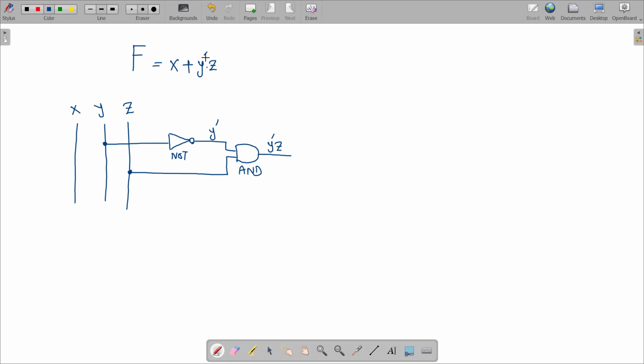The output of the AND will be ORed with x. So again I draw the point from the x, and here I can OR it, and this is f, which is equal to x or y prime z.